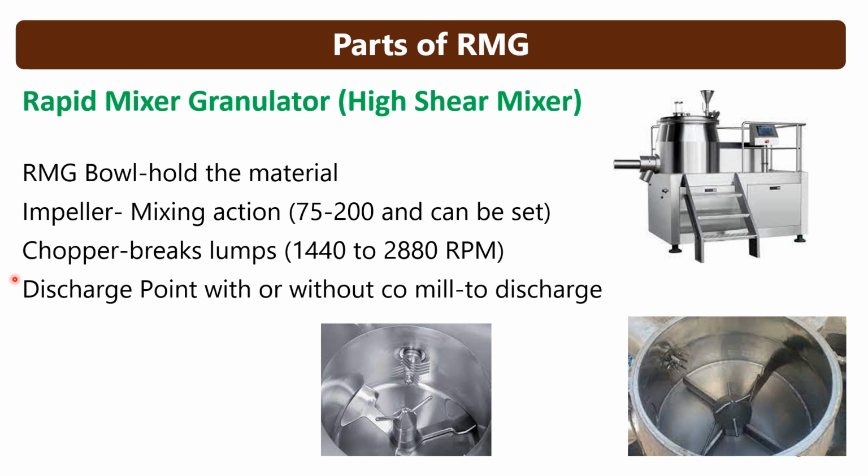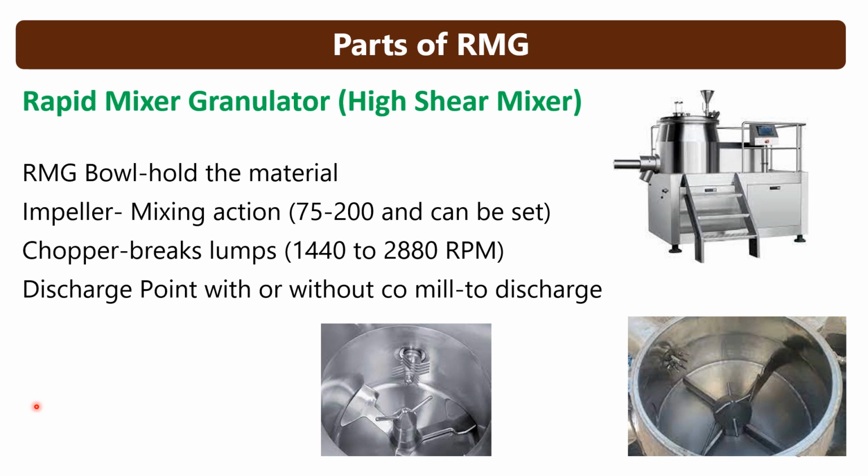Then the discharge point will be there. That discharge point may be with or without co-mill. Impeller has the mixing action and its RPM is 25 to 200 and can be changed based on the requirement, and it also varies from equipment to equipment, from one equipment capacity to another.